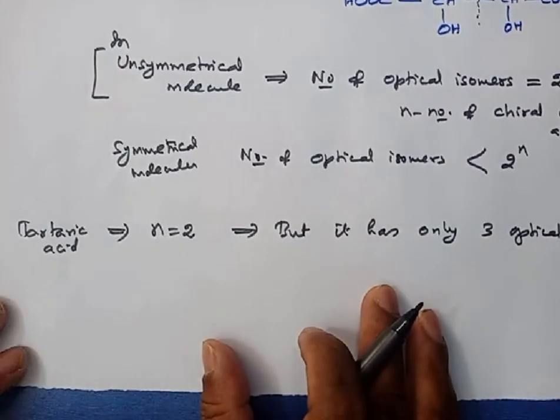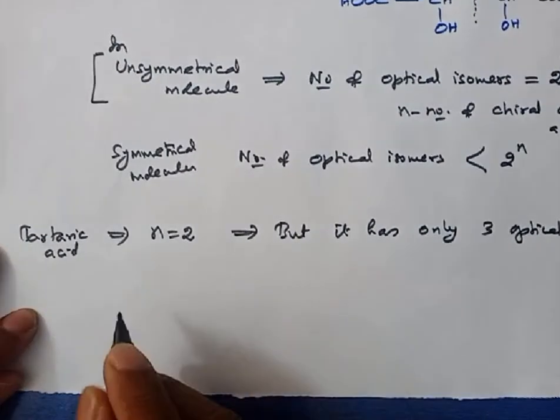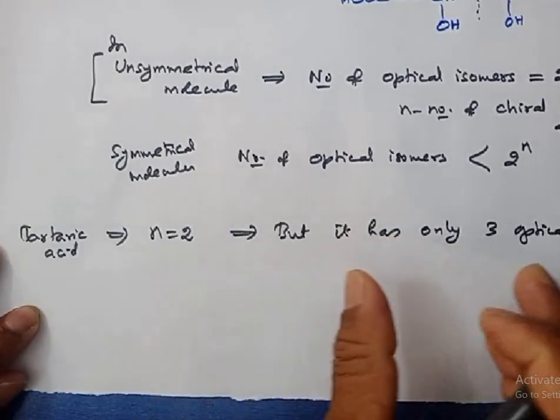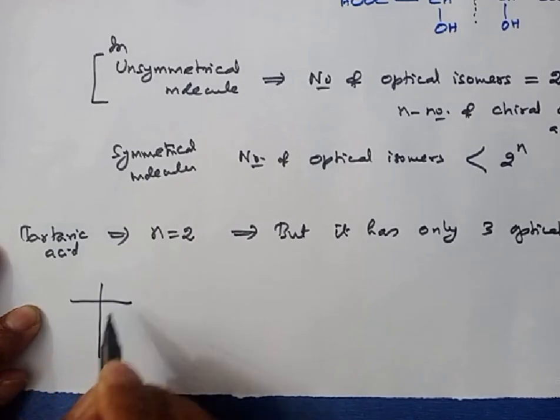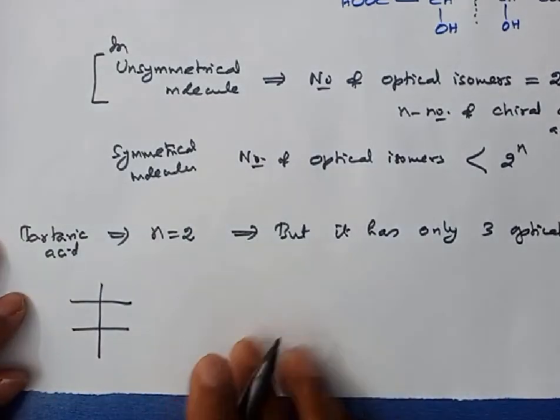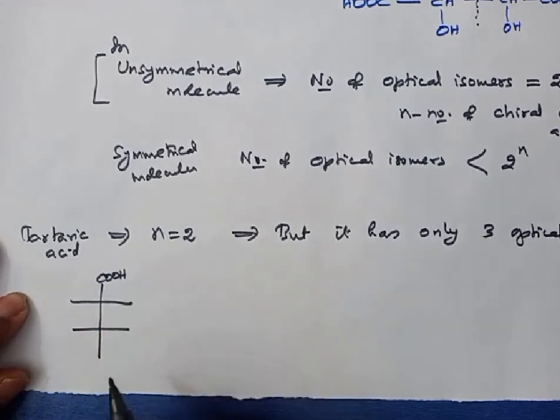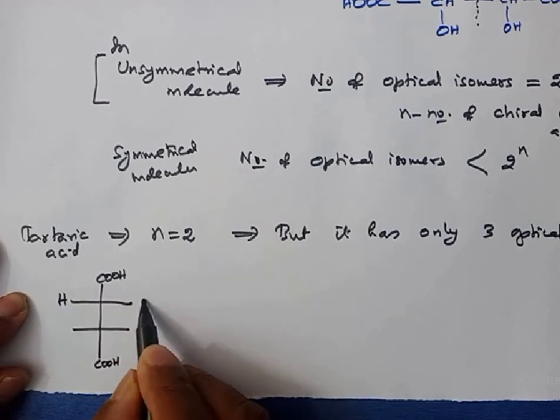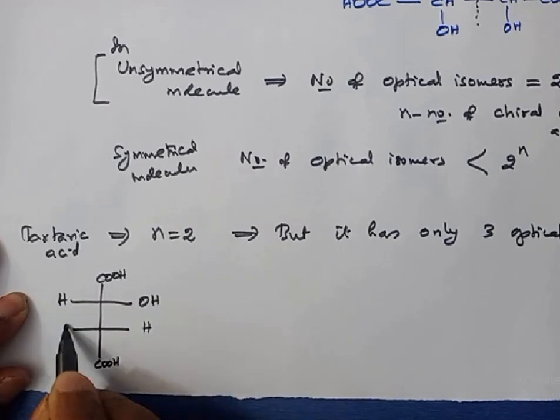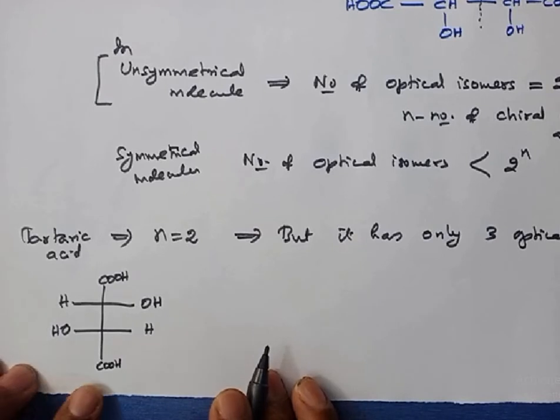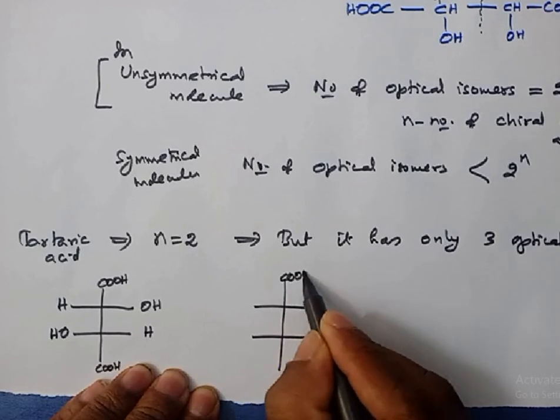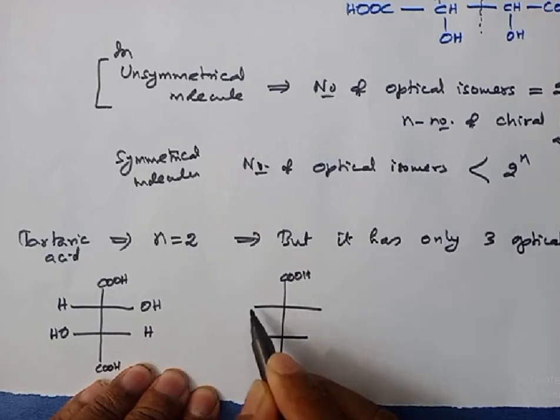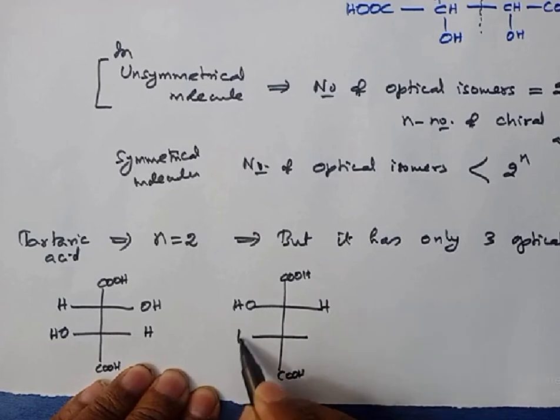Let me give them here. Students, observe this carefully. Let me give the structure of those three isomers in Fischer projection. Because we have two chiral carbons, let me write in Fischer projection directly. COOH at the top, another COOH at the bottom, and in one molecule I'll put H here, OH here, H here, OH here. Then I'll draw another molecule: COOH, COOH, OH here, H here, H here, OH here.